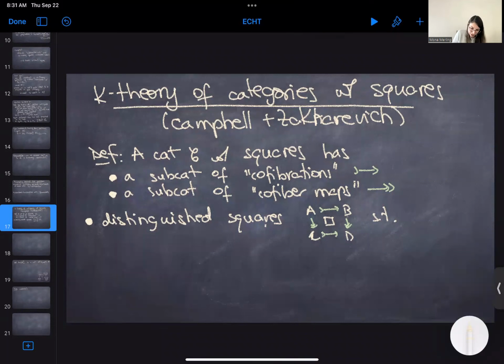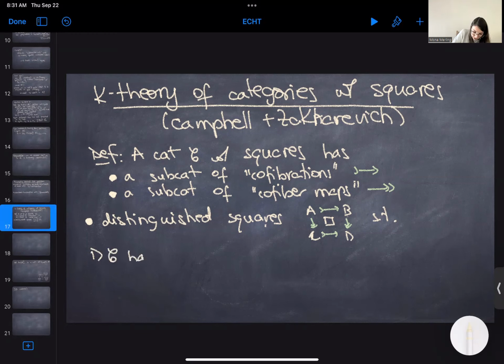So let me just give you the definition since it's very simple. So a category with squares, and you have all seen the definition of a Waldhausen category at some point, so it's very similar. So a category with squares has a notion of cofibrations, but also a notion of a second class of maps that maybe we want to call cofiber maps. But then it also has a class of distinguished squares. So some commuting squares that we call distinguished, such that, and now there are 4 very simple axioms that need to hold.